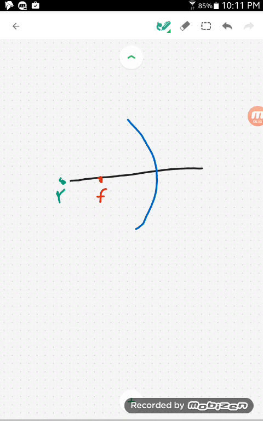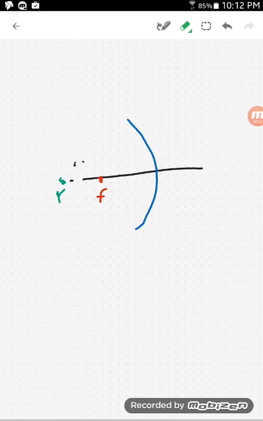And then we would have our object. Let's do black. Our object's going to be, say, here. And that's P, and it's at a positive 27. So actually, I did that in the wrong place.